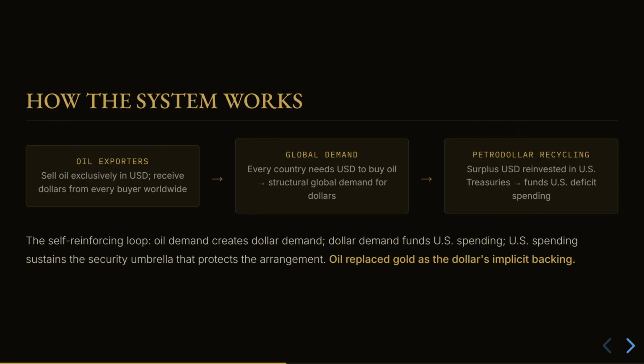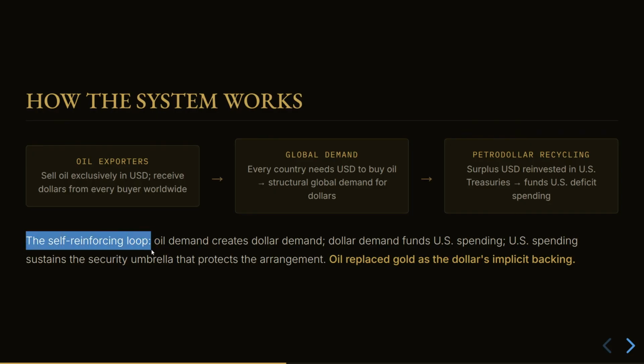They can run deficits. They can increase their military, which strengthens the petrodollar even more. So that's why there is insane debt in the United States and insane spending on military.